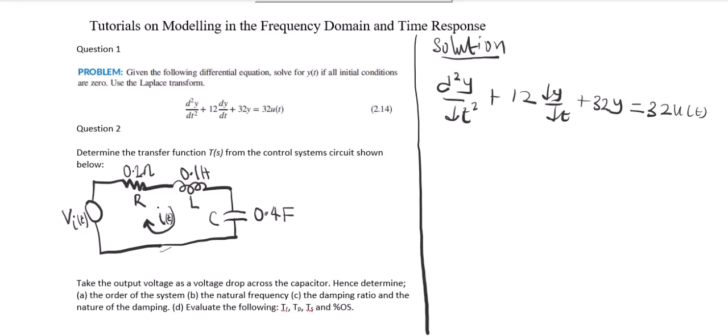So if we were to consider initial values, which we don't need, the first term would have been capital Y of s times s squared, plus, for the first order, y of 0.